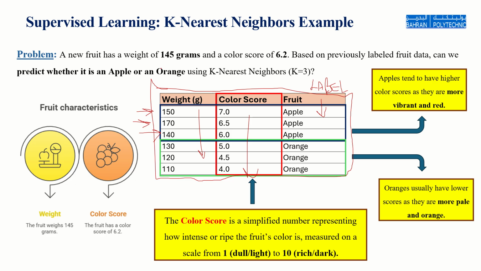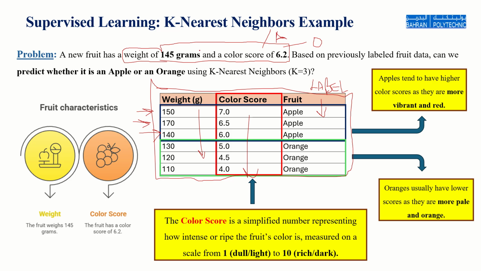Now your task is this: this is your test data. For this particular data, you need to predict which fruit class it will fall into, whether the orange class or the apple class.